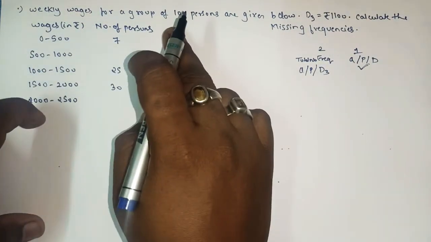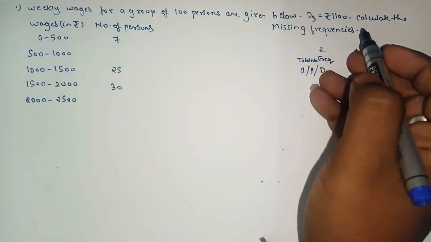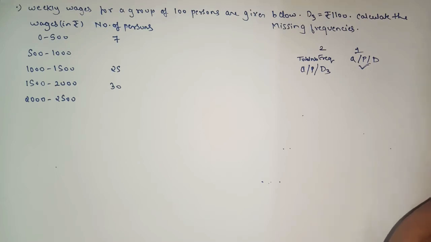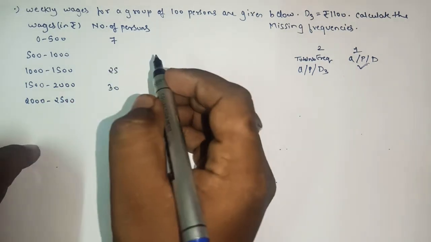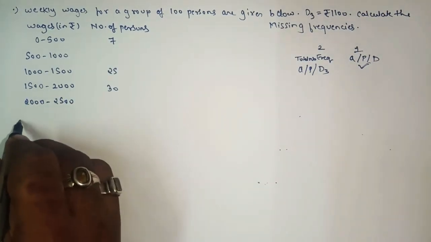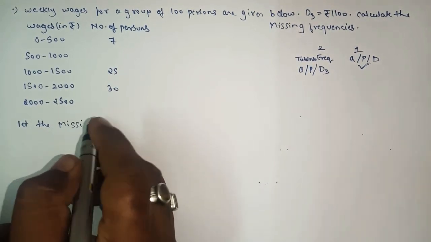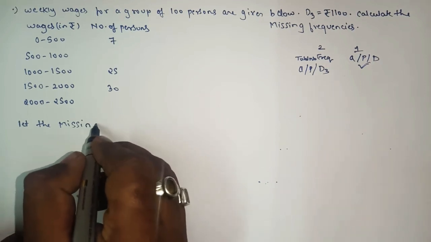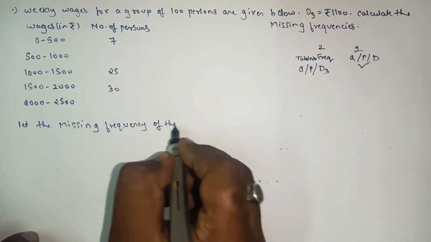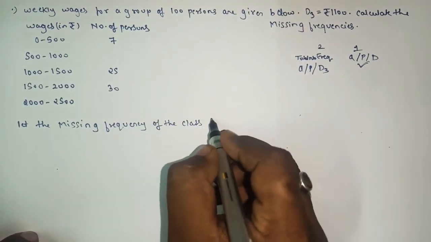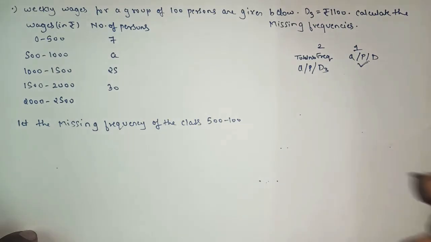As the weekly wages for the group of 100 persons are given, here we have D3 as rupees 1100. Then you have to calculate the missing frequency. So you will start by writing: let the missing frequency of the class 500 to 1000 be A. You can take any alphabet.